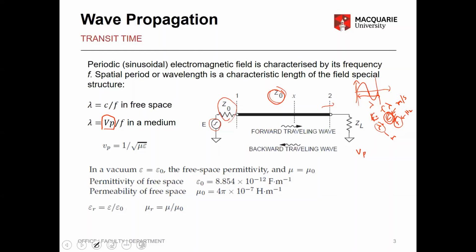But the same relationship holds. So the wavelength in that medium, which we call the guided medium because it's not air or vacuum, is equal to Vp divided by f. So instead of the speed of light c, we have the phase velocity.